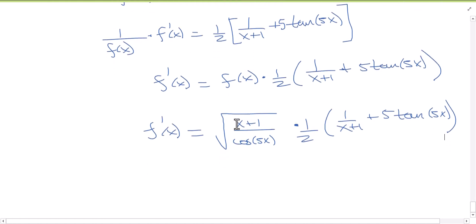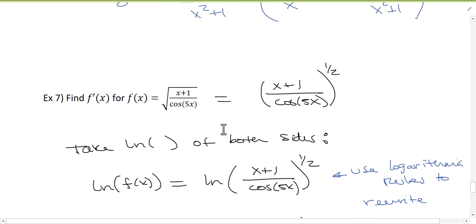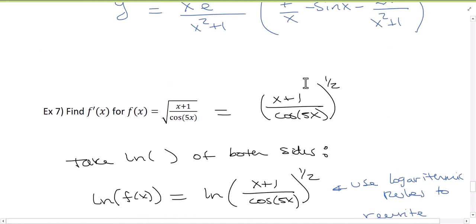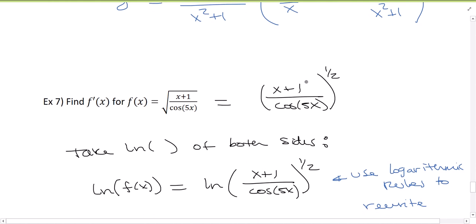So you can try on your own doing it the long way, right? Which is going from here and doing the chain rule. So it'll be 1/2 this to the negative 1/2, and then times the derivative of the inside. The inside, you need a quotient rule with that built-in chain rule in there. I guess another way you could have written this is that notice that you have x plus 1 over cosine, but 1 over cosine is secant, right?